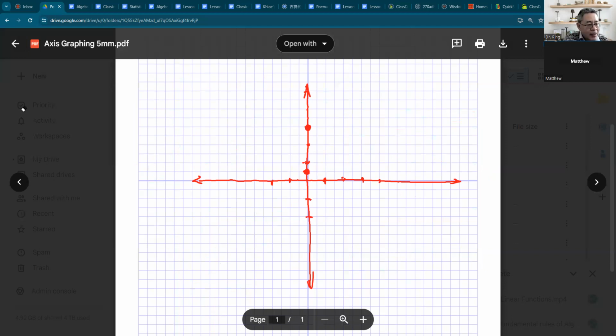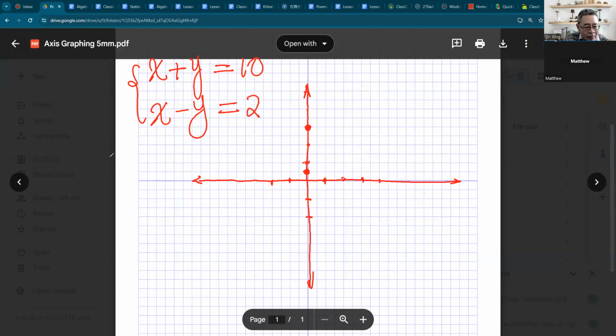To solve system equations, how many ways can we solve it? Two. Yeah, one is elimination, the other substitution. Yep. Now we can also use graphing.